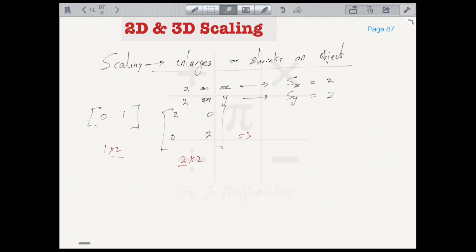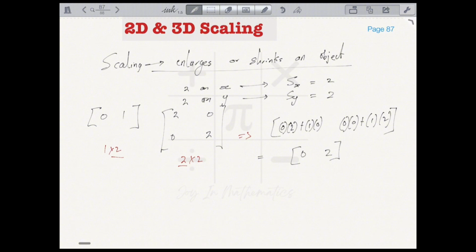We will have 0 multiplied by 2 plus 1 multiplied by 0, and then the next column will be 0 multiplied by 0 plus 1 multiplied by 2.